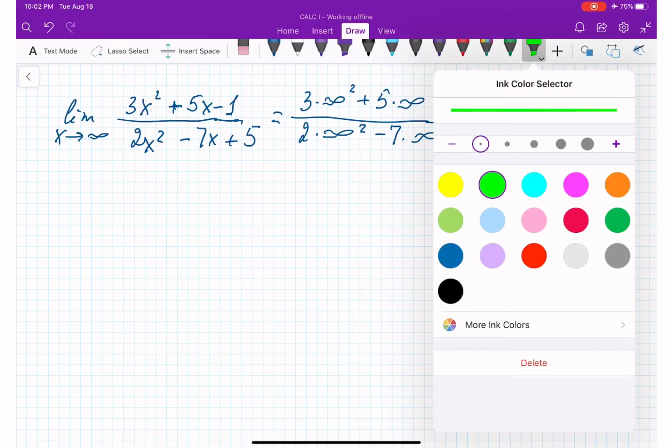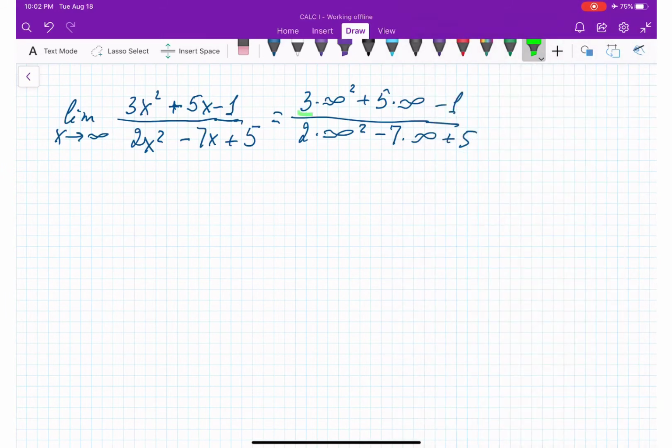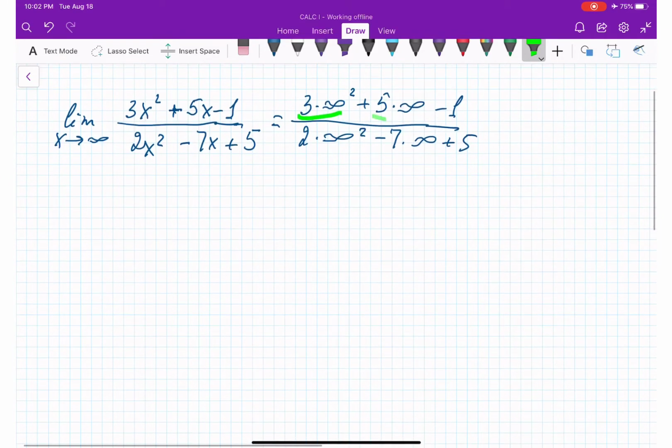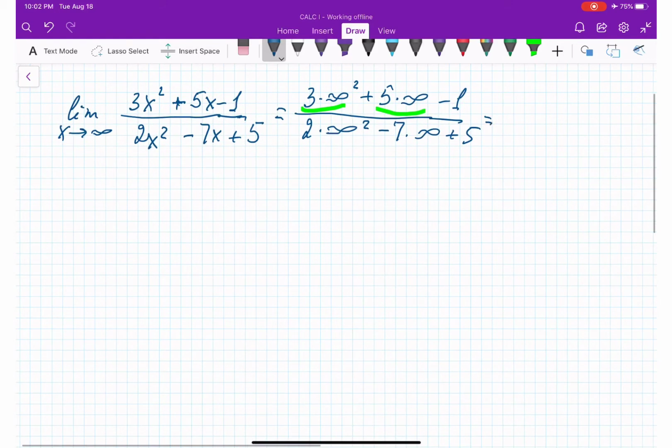In the first case, we have 3 times infinity squared, which is infinity, plus 5 times infinity. Infinity plus infinity is going to be infinity. And minus 1, who cares about minus 1 compared to infinity? So we get infinity.